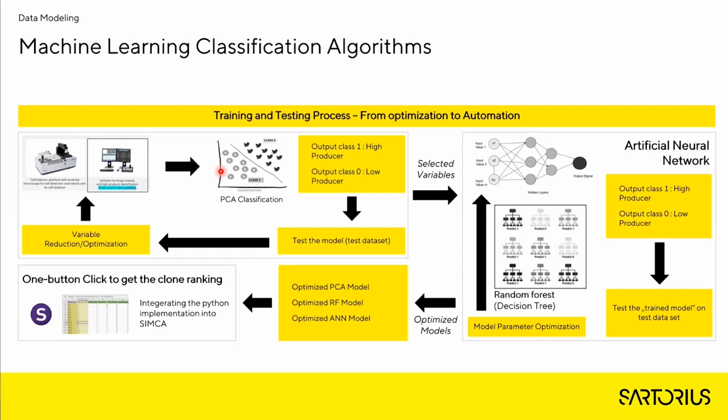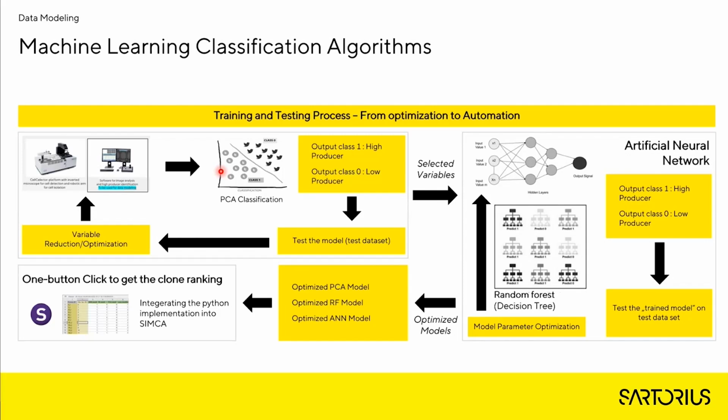Unlike the model parameters, which are learned from the data, hyperparameters are set prior to the training process and can greatly affect the model's ability to generalize from training data to unseen data.